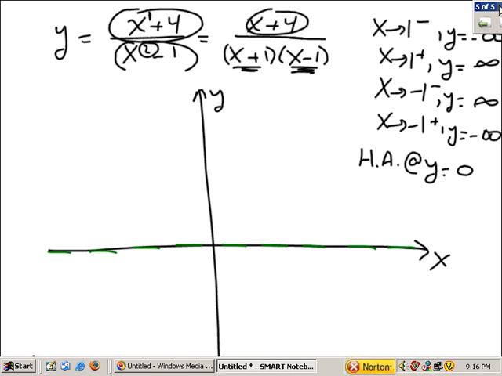Now the vertical asymptotes are at 1 and at negative 1. Okay, so we have 3 regions. We have to the left of negative 1, the middle region between negative 1 and 1, and greater than 1.